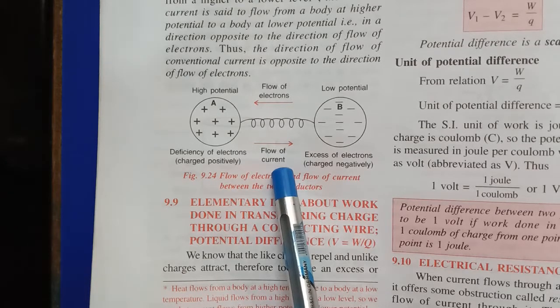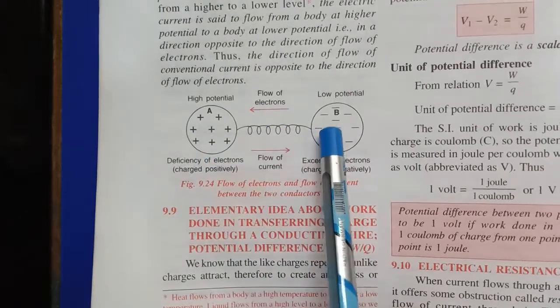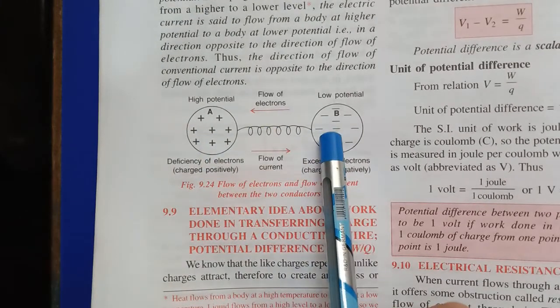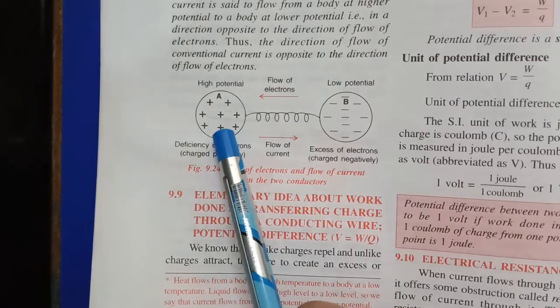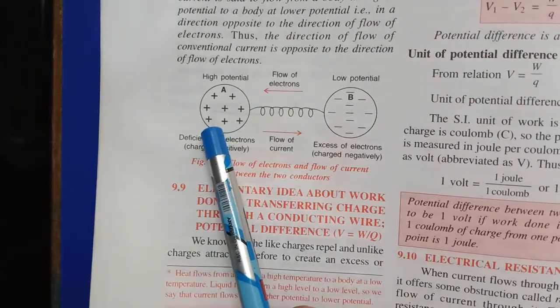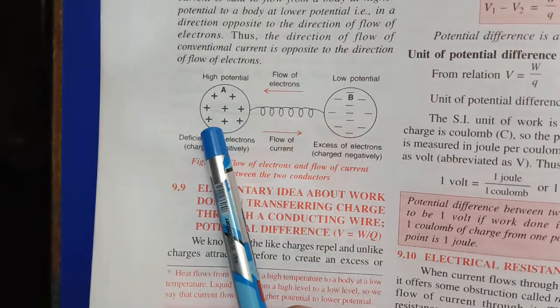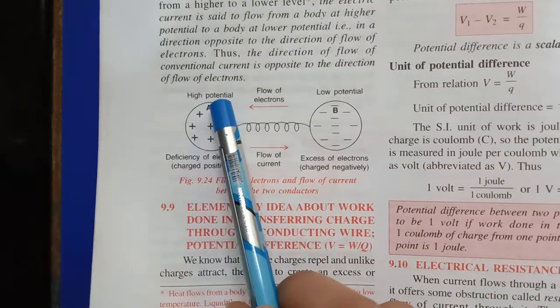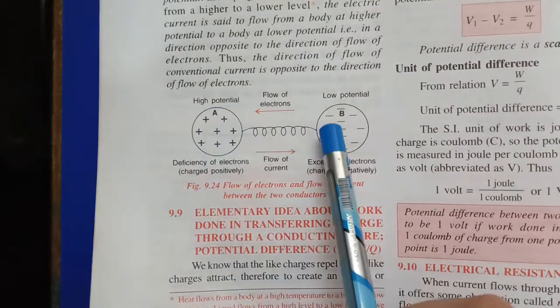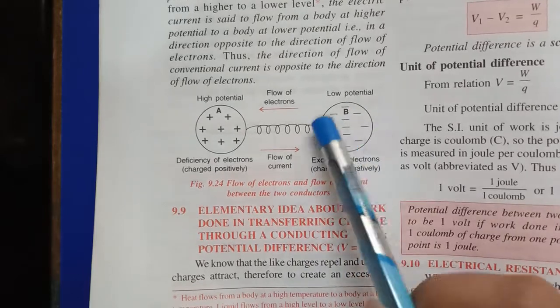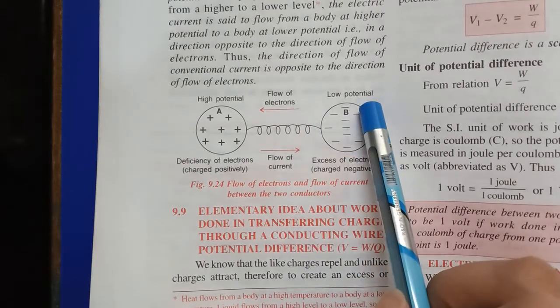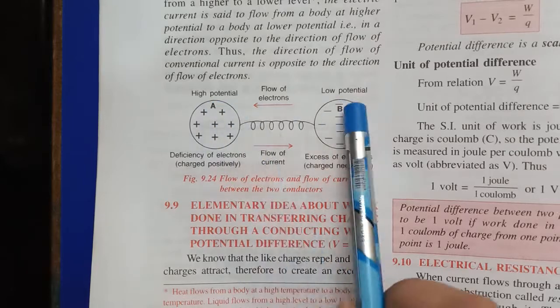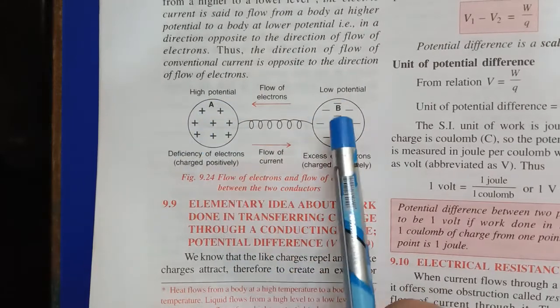So what is essential for the flow of current? The difference in concentration of electrons. And because of this difference of concentration of electrons, there is a potential difference. The body which is positively charged is said to be at high potential, and the body which is negatively charged is said to be at low potential. So there is a difference in potential. One is at high and another one is at low.